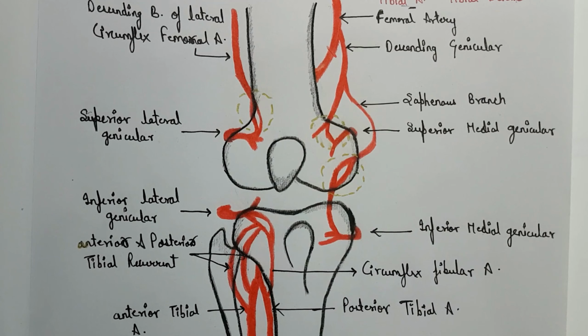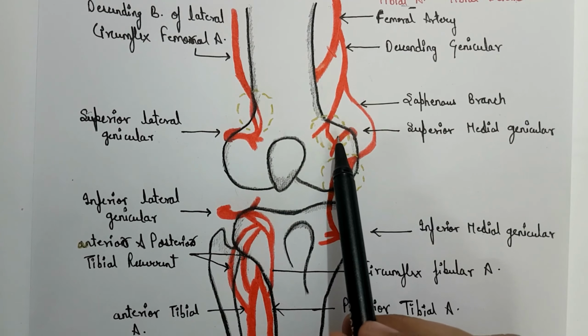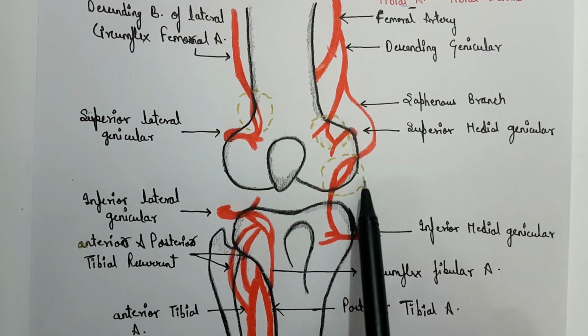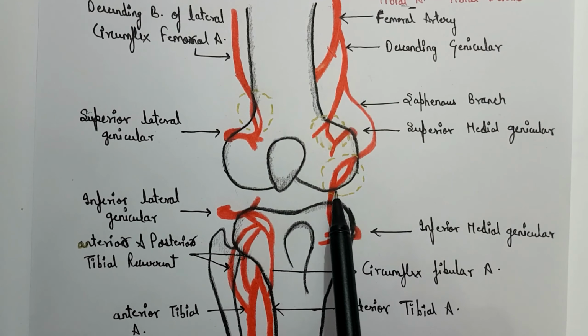So let us revise all the 4 different locations of anastomosis once more. Above the medial condyle we have the descending genicular and the superior medial genicular artery. Below the medial condyle we have the saphenous branch and the inferior medial genicular.